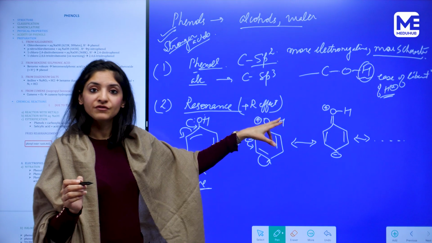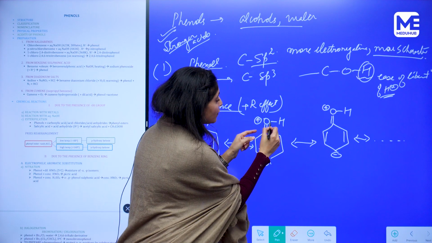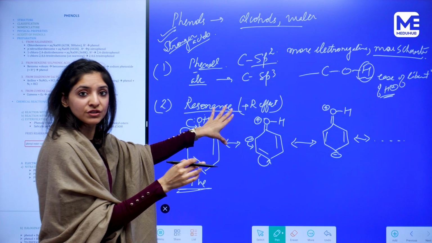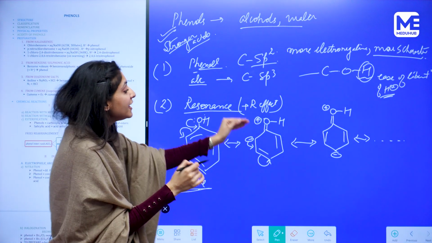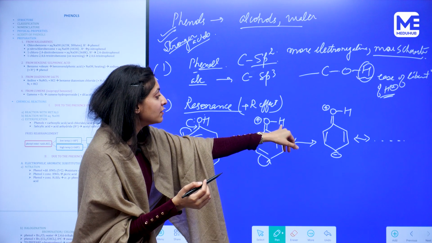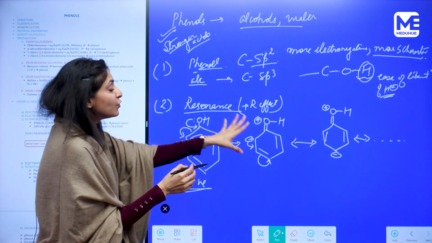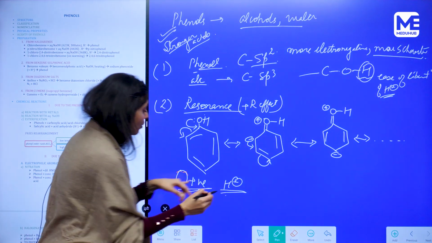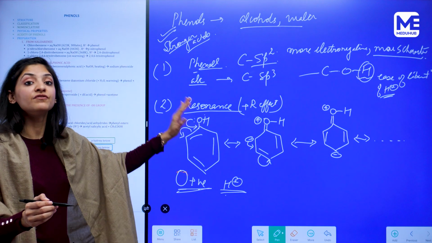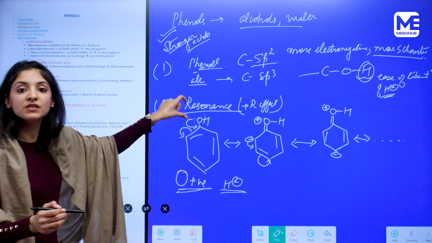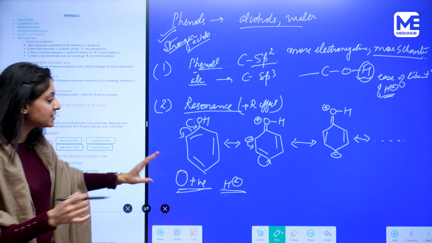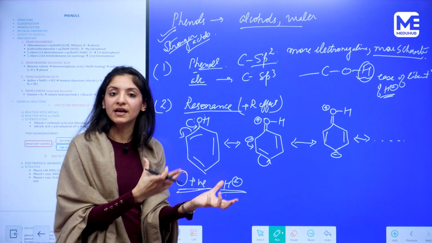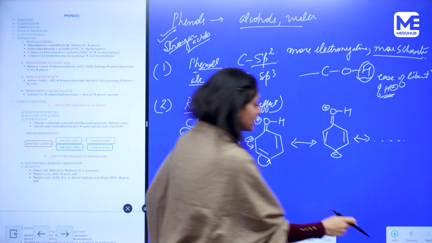Because of this positive charge, the electrons in this bond here are pulled more strongly towards the oxygen, and hence the ease of liberation of a proton here is increased. So a proton can be lost easily because of the positive charge on oxygen, which is due to the resonance effect of this OH group here, and hence, since a proton can be released easily, phenols are more acidic. Understood?